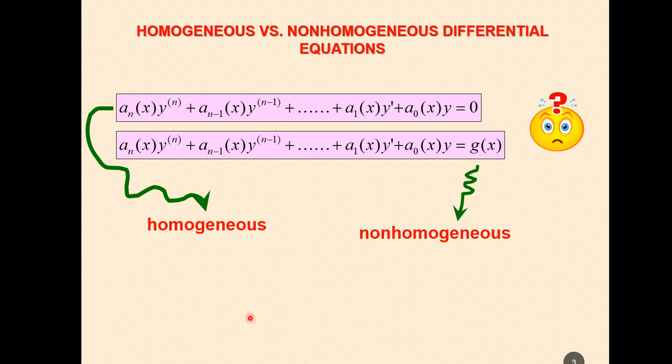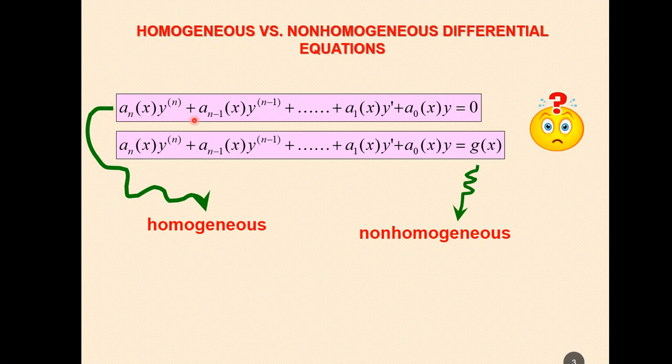Actually, it's very obvious. In here, in the non-homogeneous, what is written on the right side of your differential equation is an expression which is a function of your independent variable, or this could even be a constant, whereas the first one has 0 for the right side of the higher order differential equation.